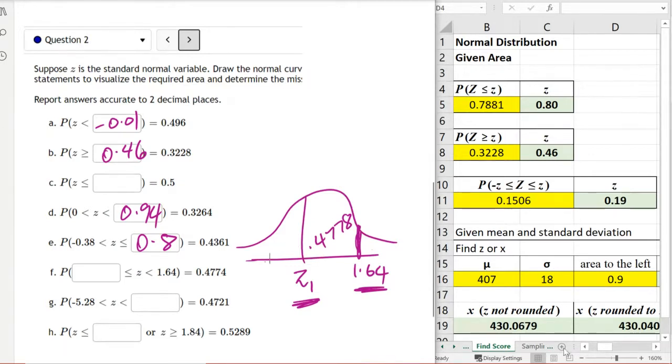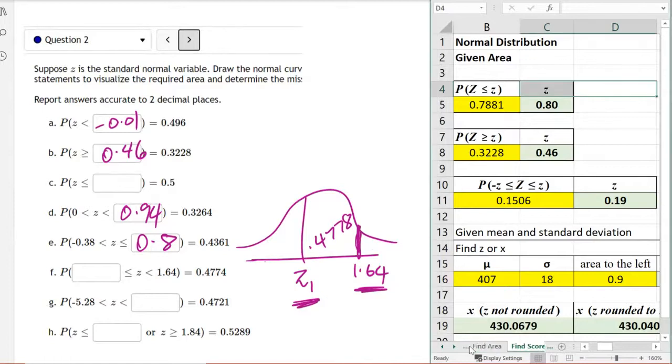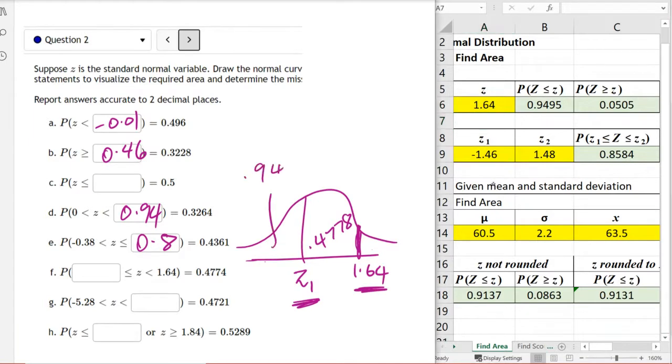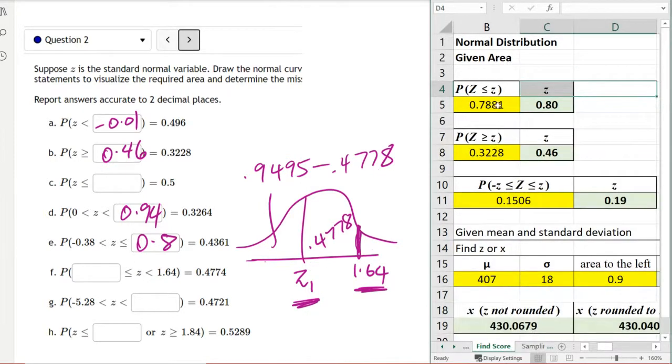Okay, so let's do the second one. So I'm going to go to find area again. I'm going to put in 1.64 there. So the area below 1.64 is 0.9495. So we're going to subtract this 0.4778 from it to give us the area less than Z1 here. So I'm going to go here and say we want the area less than Z1.